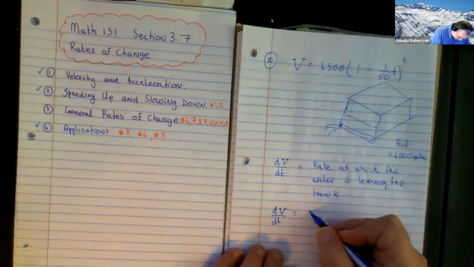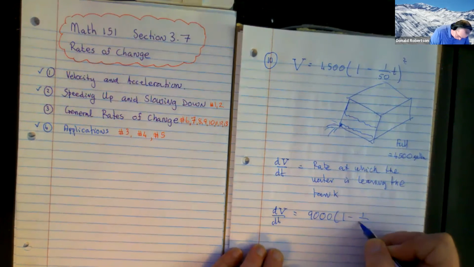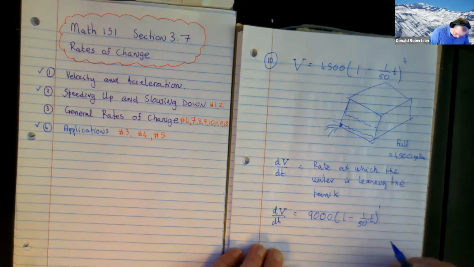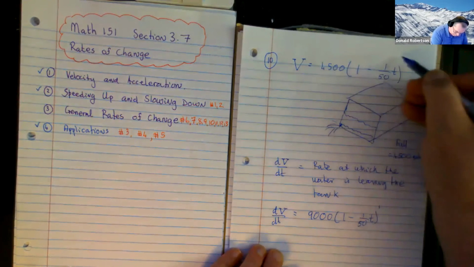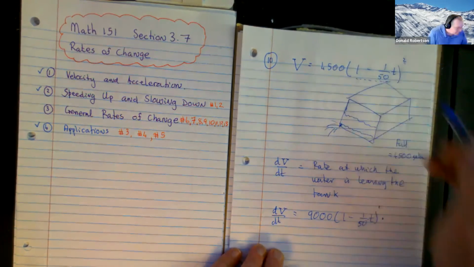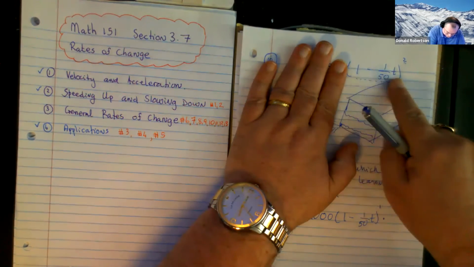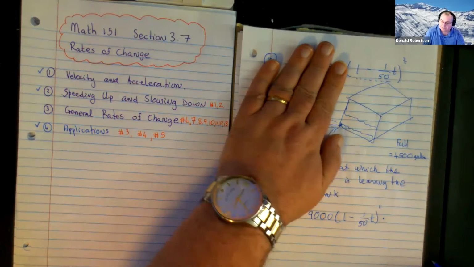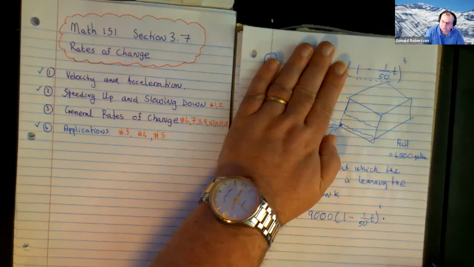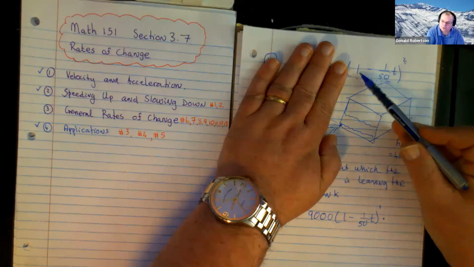Multiply by the power, that gets me 9,000 times 1 minus 1/50th t to the power of 1. So multiply by the power, reduce it by 1. And then don't you finish with the derivative of the inside function? What is the derivative of this guy here? What's the derivative?